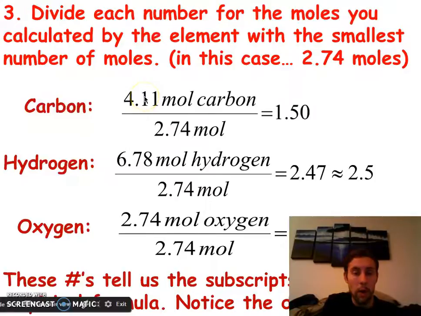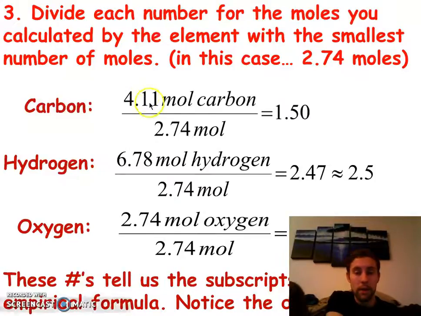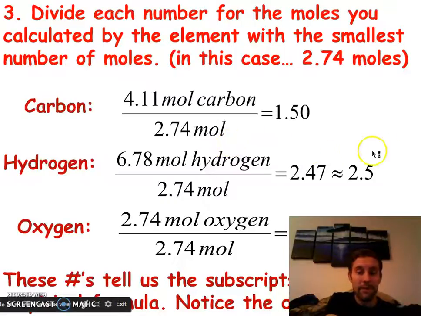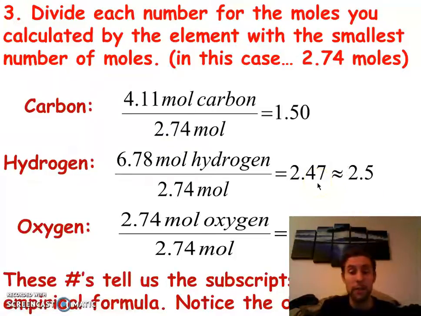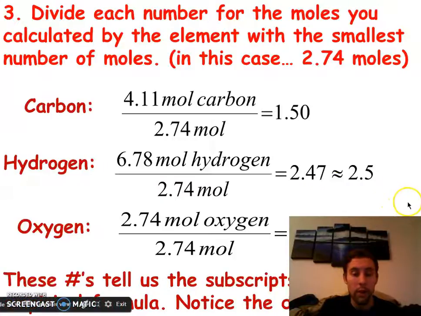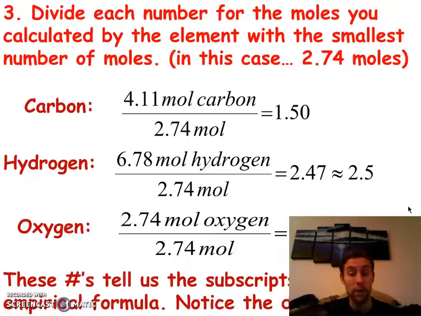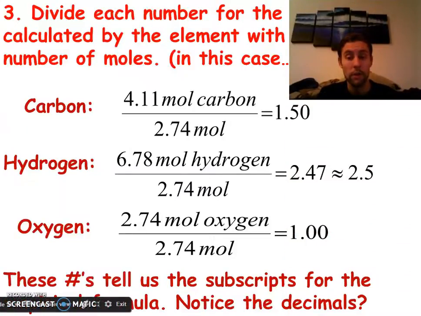We take 4.11 by 2.74, we get 1.50. When I take 6.78 by 2.74, I get 2.47, which is close enough. We'll round that up to 2.5. And if I take 2.74 by 2.74, I get 1. As you should notice, one of the numbers has to go to 1 every time.